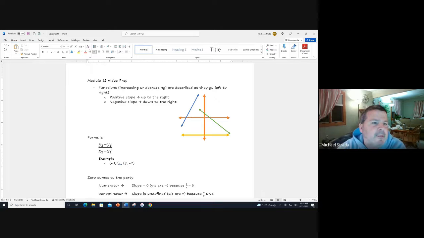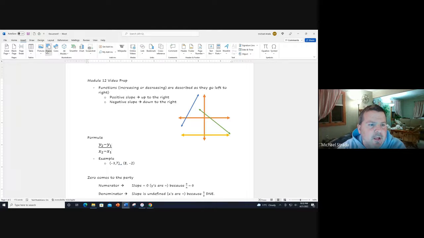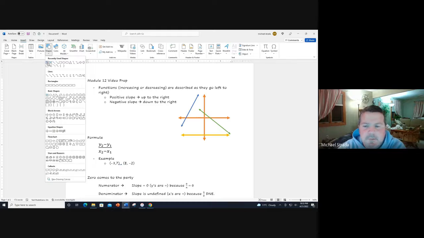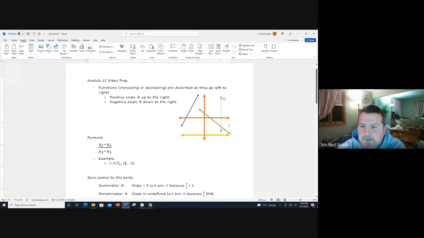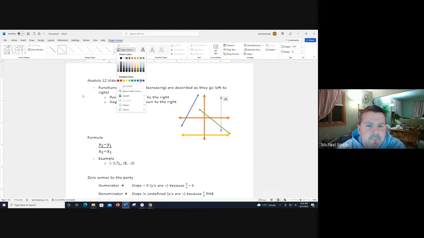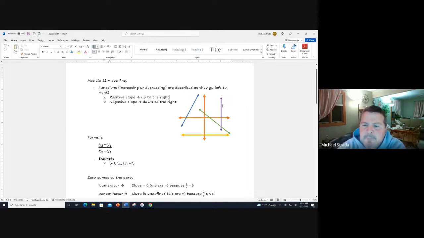And if we have a vertical line, let me make that nice purple, darken it up, thicken it up, that is considered having no slope. If you ever get confused between the two, realize you can walk on a horizontal line, that's why its slope is zero, but you cannot walk on a vertical line without assistance. So that's why it's undefined.